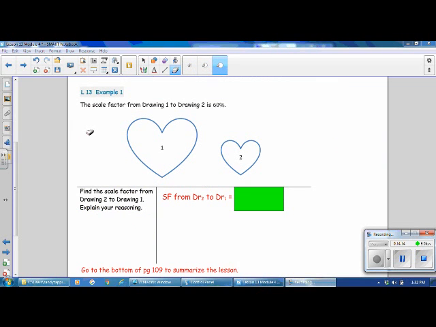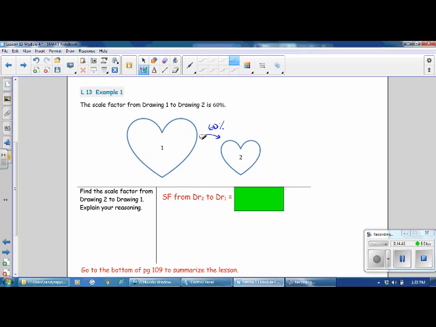In the next example, the scale factor from drawing 1 to drawing 2 is 60%. And this makes sense because we see that it is a reduction, so we would expect the scale factor to be less than 100%. So what we want to do now is to find the scale factor from drawing 2 to drawing 1. Again, going from 1 to 2 is 60%.